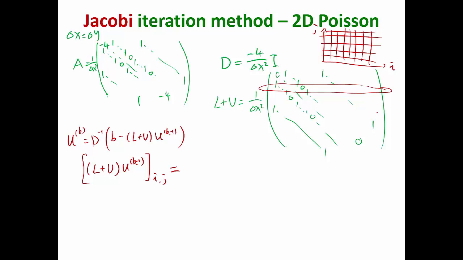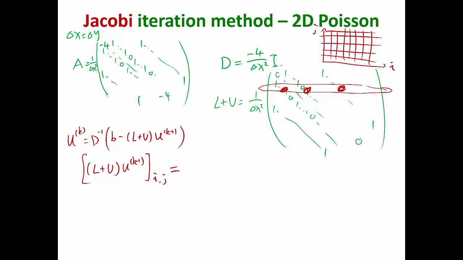What is this matrix vector multiplication at grid point I and J? What are the non-zero entries? The 4 neighbors, yes. Very good point. The 4 neighbors.